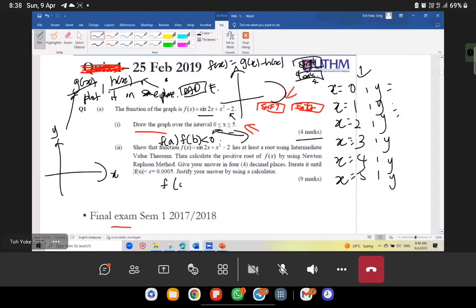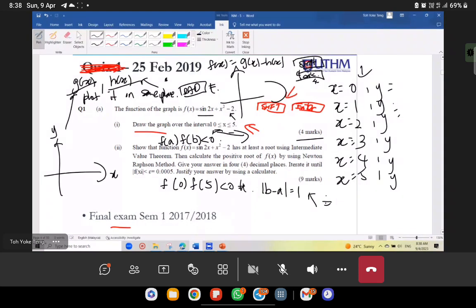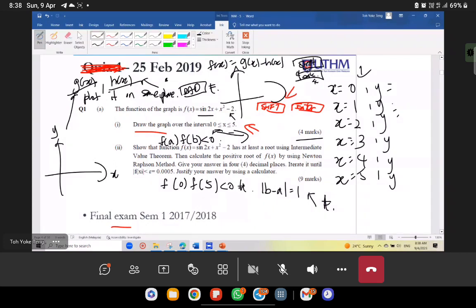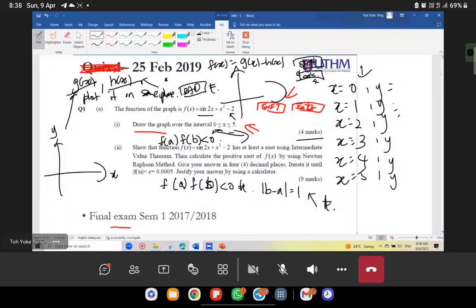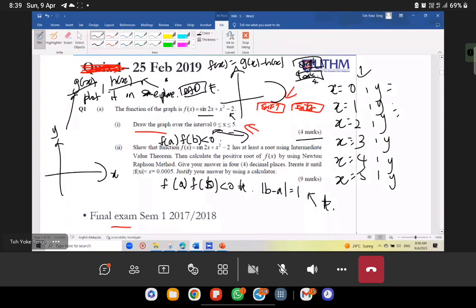So if you want to use f of 0 times f of 5 less than 0, it is acceptable here, since it didn't mention that b minus a has to equal 1, but normally we just refer to this one. So once you plot the graph, you know where the value is better, so you just base on the interval a to b in order to get the value.